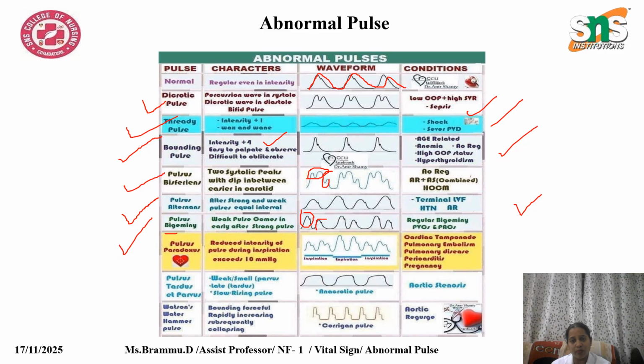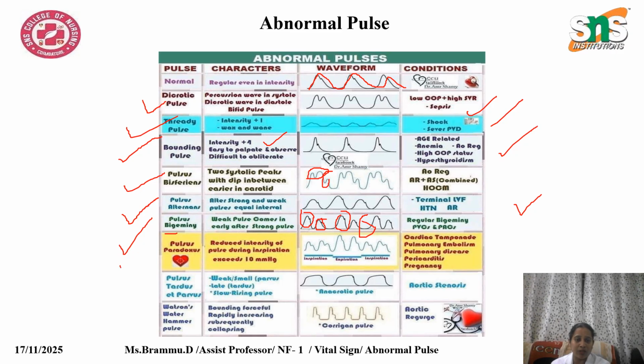This type of mechanism which is shown on the monitor, we can put under the classification of pulsus bigeminus. It is mostly seen in cases of peripheral vascular problems or aortic problems.